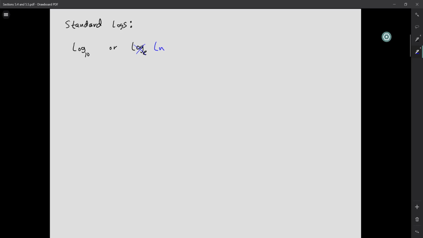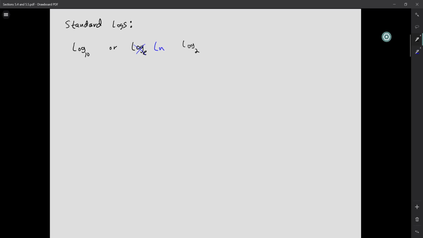And usually the context of the class is what decides what base log they actually mean. So if I was in a computer science class and it started talking about logs of things, then I would understand that since it's computer science, it would start using log base 2. Because in computers, everything is done in binary, and so all the digits are in base 2.